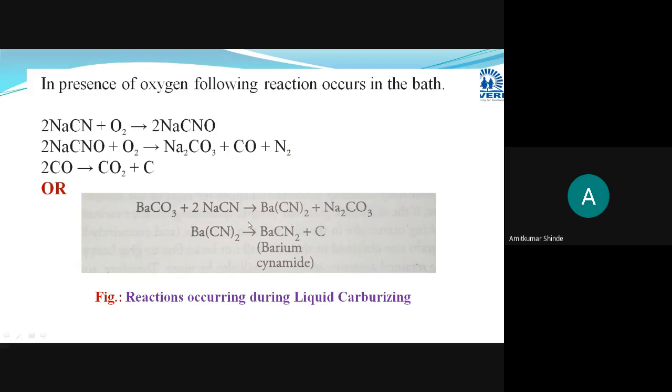If you are able to write the first reaction, it is sufficient, but you have to write one reaction. Either you can write the first reaction, or you can go for the second reaction also. This will be the reaction in liquid carburizing. You can note it down if you want.